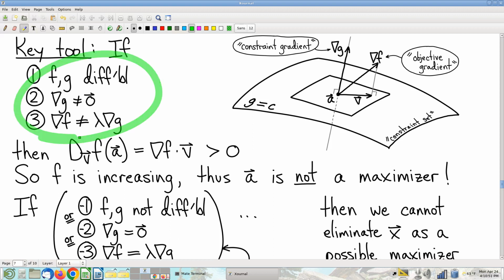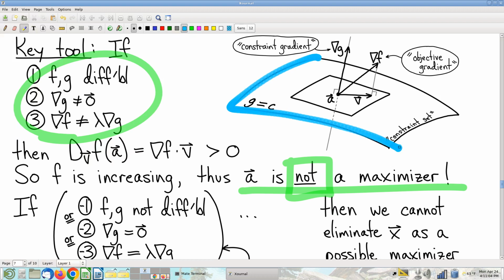I claim if these three things happen, then the point you're looking at is not a maximizer. Roughly speaking, here's the picture. If you have a constraint set, keep in mind a constraint set is always a level set. That's the rule. That's the premise that we're starting with here.